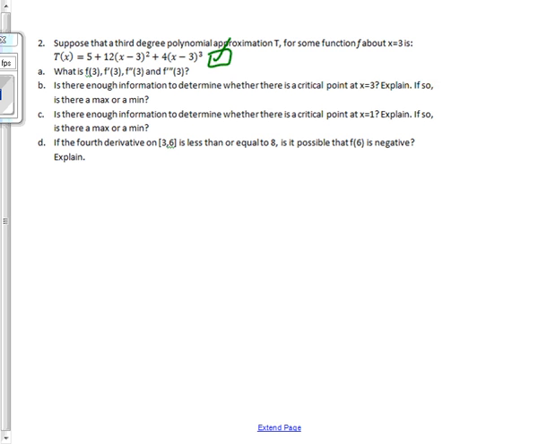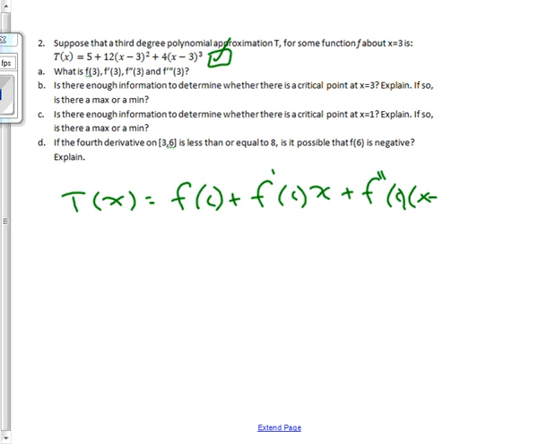And what we know is that T of x equals f of c plus f prime of c times (x minus c) plus f double prime of c times (x minus c) squared over 2 factorial plus f triple prime of c times (x minus c) cubed over 3 factorial.